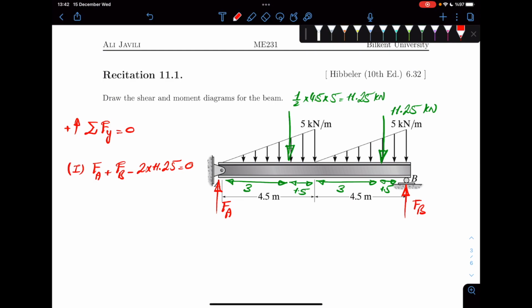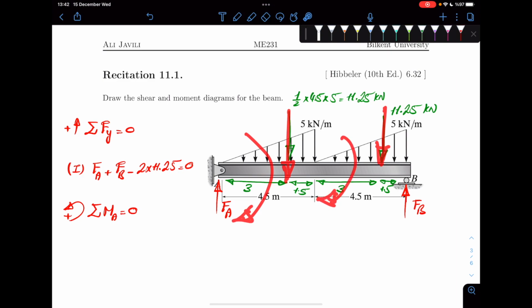The second equation is equilibrium of moments with respect to a point, let's say point A here. And then if you do that from this moment, and from this force and this force, you get moments that are clockwise. From this one, you get a counterclockwise moment. So this would be a plus, these two would be minus.